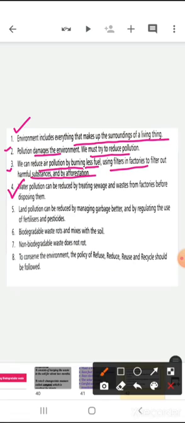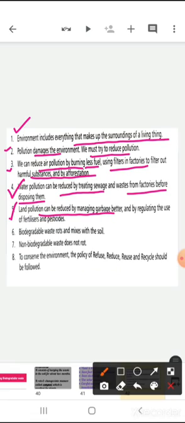Now, water pollution can be reduced by treating sewage and waste from the factories before disposing them in water.